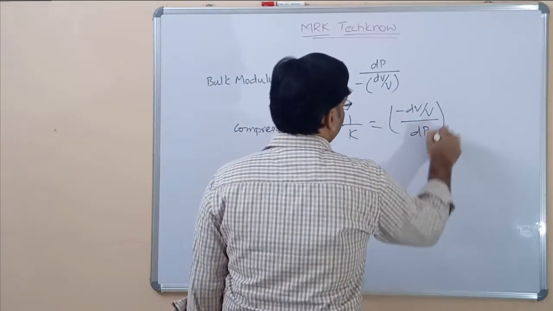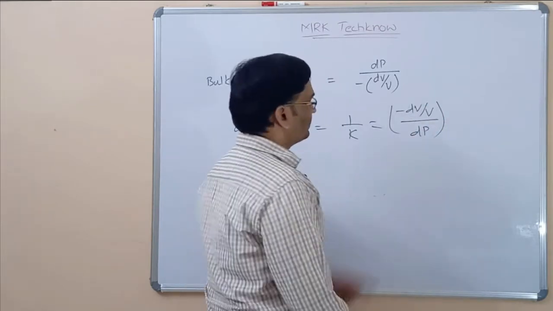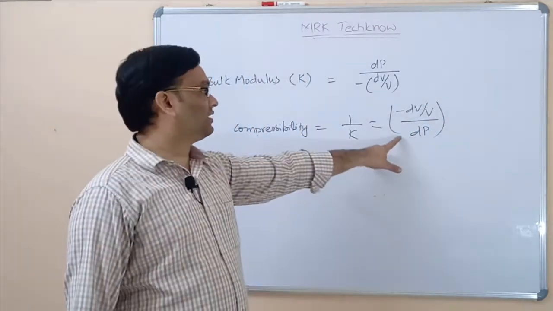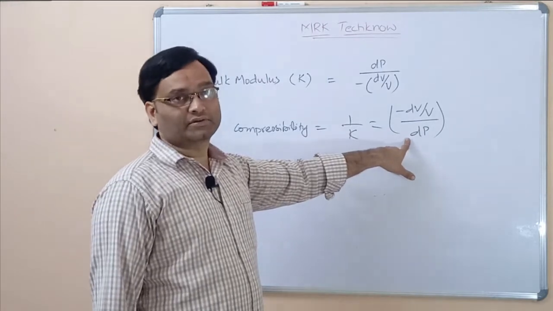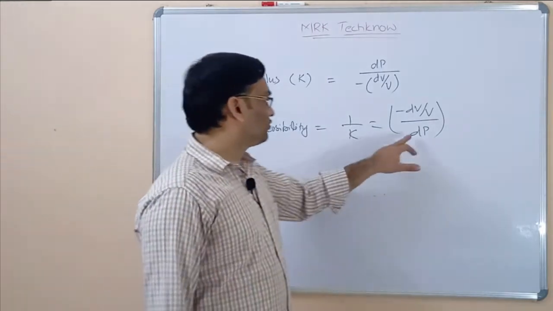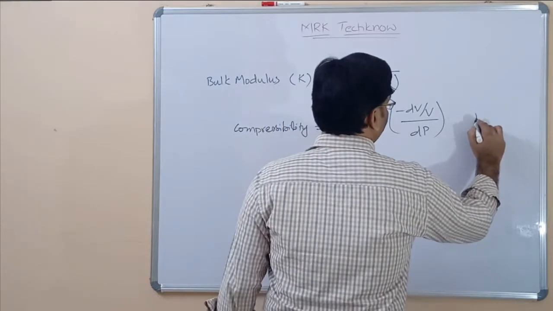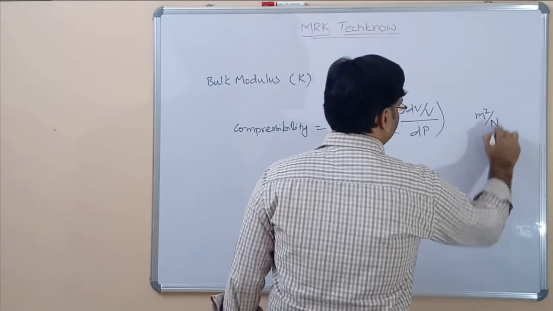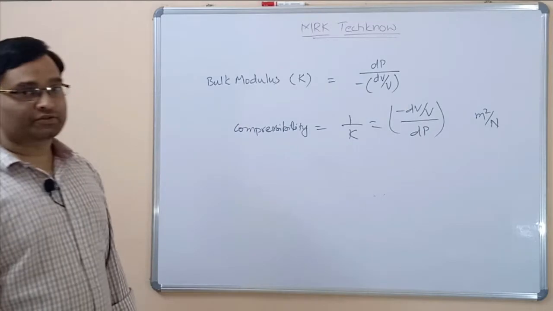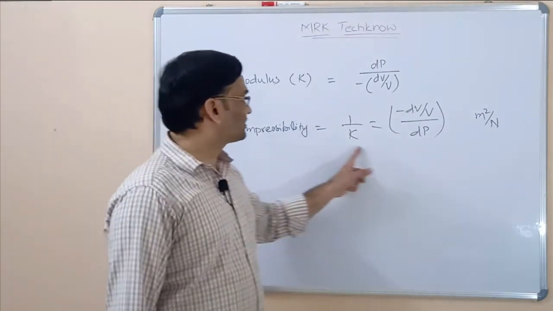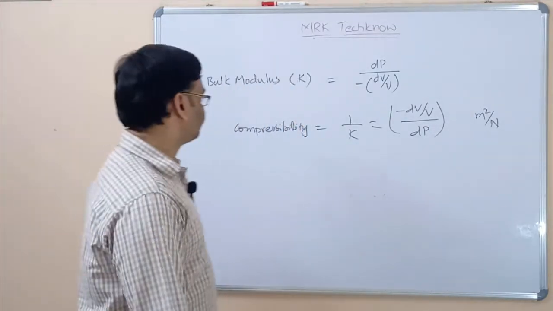So here, since V gets cancelled, we have pressure in the denominator. So units will be Newton per meter square in the denominator. So finally compressibility units will be meter square per Newton. So meter square per Newton are the units of compressibility.